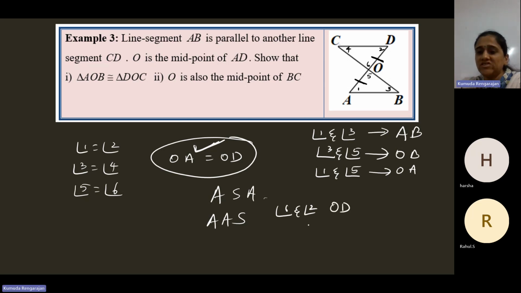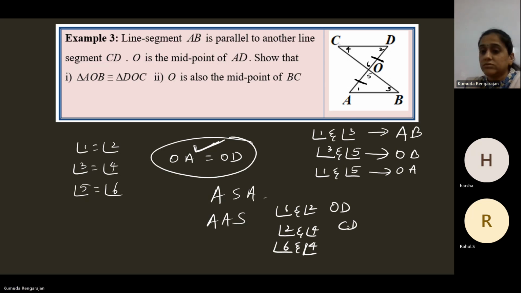OD. Which is the included side for angle 2 and angle 4? CD. Which is the included side for angle 6 and angle 4? This is what the included side is.